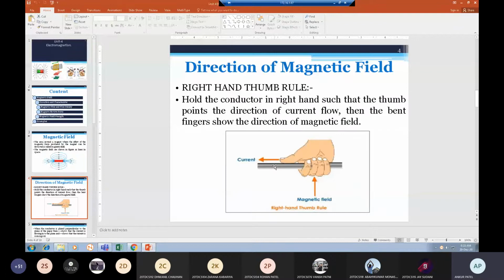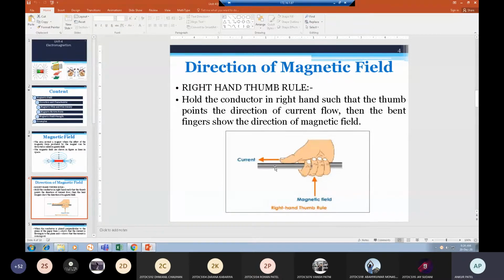Now this direction of the magnetic field is given by Fleming's right hand rule. According to Fleming's right hand rule, when we hold the conductor with the right hand, the thumb points in the direction of current flow, and the bent fingers show the direction of the magnetic field.